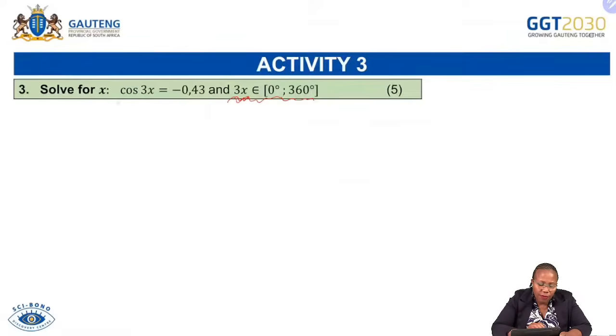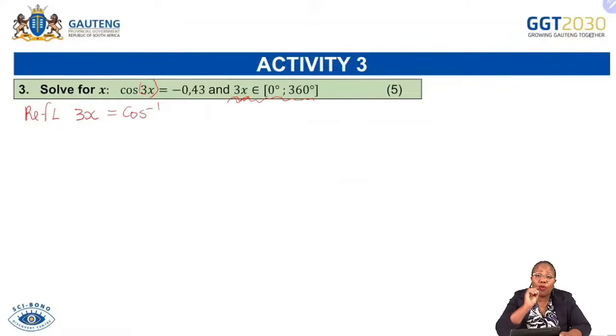Right, we are solving for x on this one. You are not allowed to divide by 3, grade 12. This angle is bound together like that. At this stage, you can't divide by 3. So now we will go straight to our reference angle of 3x, and this will be the arc cos.